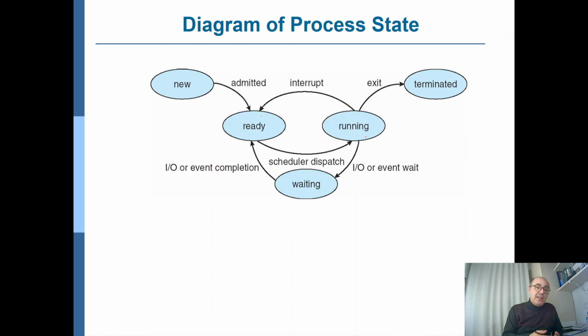There is no progress while you are waiting in the ready queue or the waiting queue. Therefore, exit is possible only from the running state. That's why we have this process state diagram.